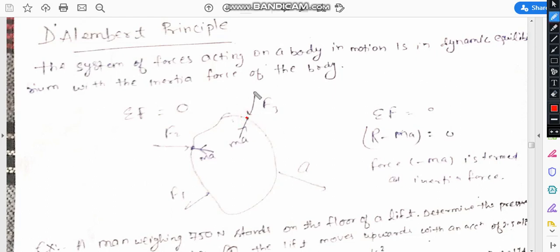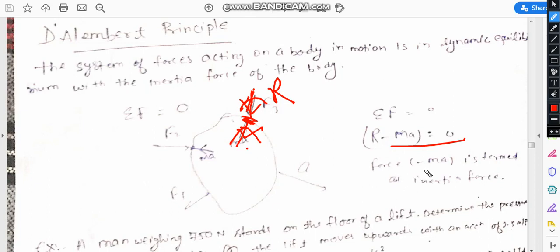If this is the body and you apply a force in this direction, and if the body is rigid or does not have any kind of displacement, then the net force on this point is 0. So if the reaction is R here and the mass is M1, then R minus M1 A on this surface is 0.